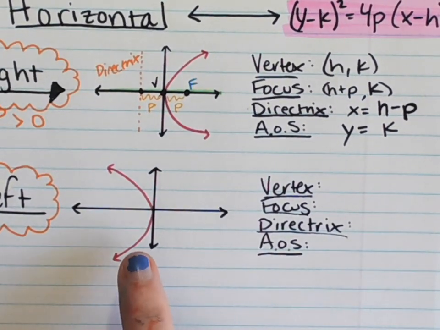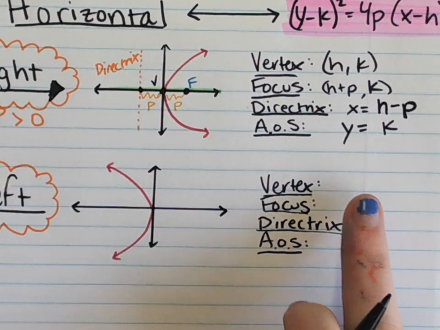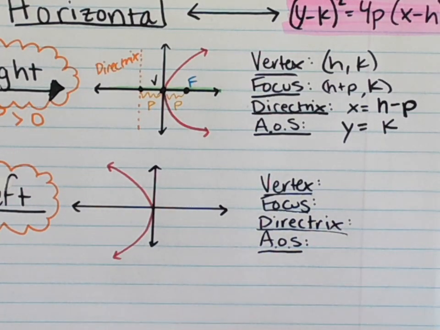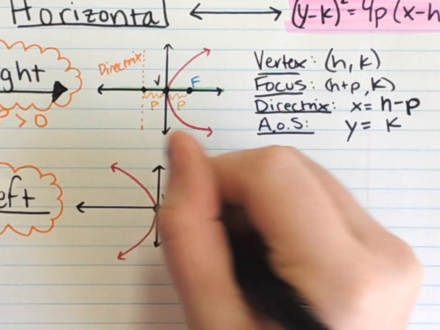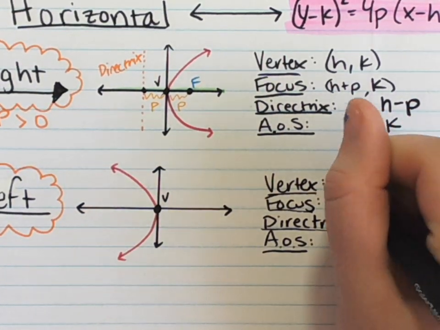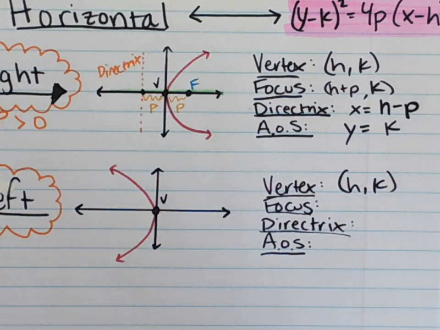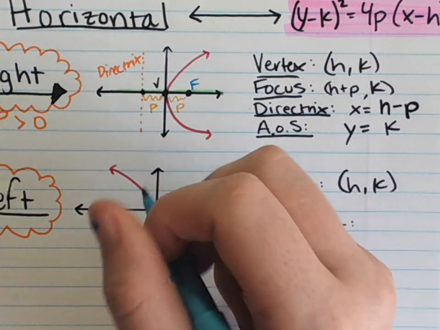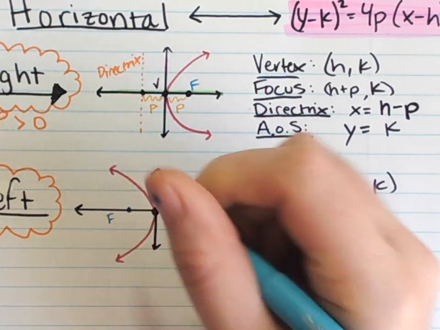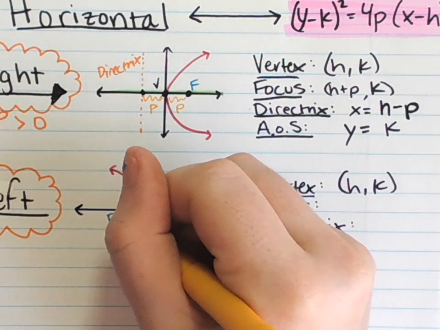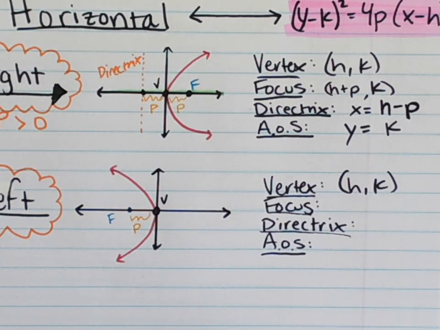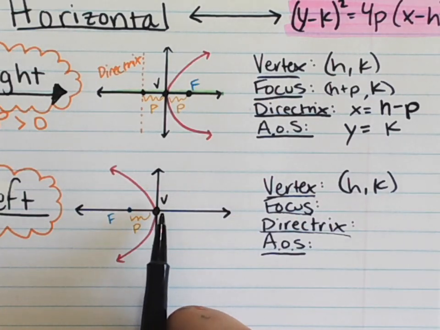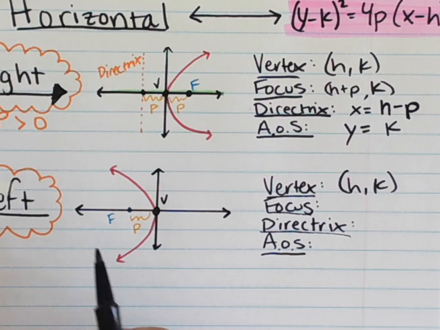This would be a good opportunity for you to pause the video and see if you can try to fill out this one on your own, and then resume the video to check your answers, if you wanted to do that. So this one we've got a vertex v at h comma k, wherever that might be. We are going to have a focus that is p units away. So our focus is going to be moving backwards or towards the left.